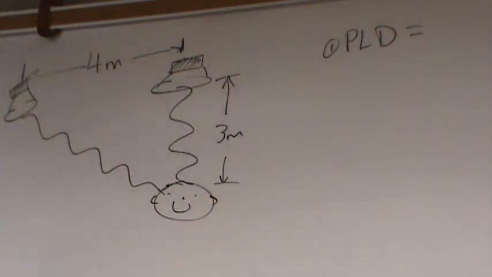Wait, almost no one raised their hand. Remember, the path length difference is not the distance between here and here. It's not the distance between here and here, no siree. It is the difference between the distances, right? So please, I'll give you 20 more seconds to get the path length difference.